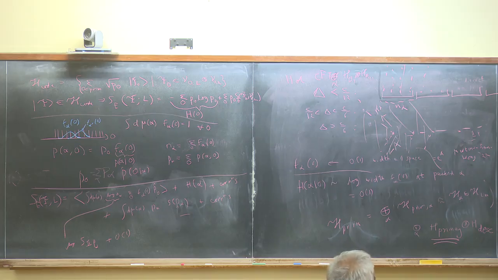Not too drastically, but you can move the peak by an order C amount. It's just that you cannot change the derivatives by an order C amount. You cannot change the width. Move meaning you can consider another state.